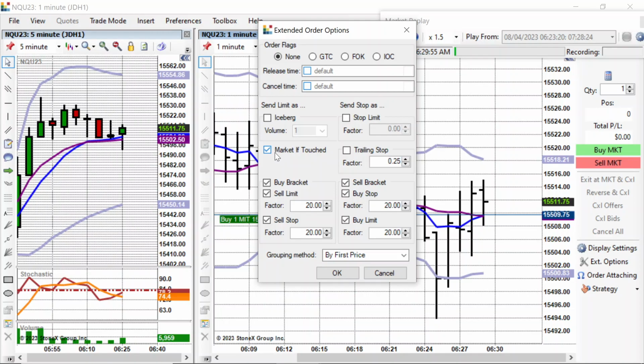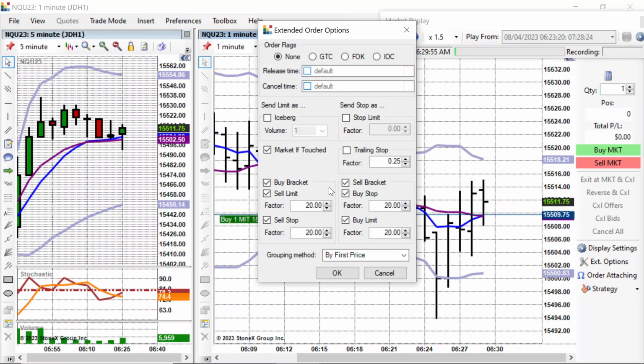And I've got them set to market if touched, which means the limit orders function like a stop order. So if the market touches them, it'll automatically execute the trade at the market price. In this case, since I'm trading the NASDAQ stock index futures, we're trading in points instead of price, but I just refer to it as price for convenience.